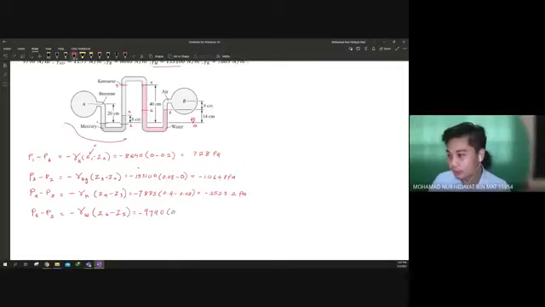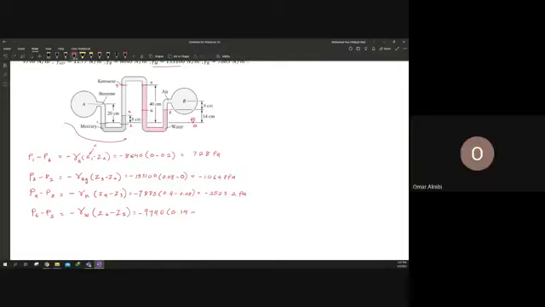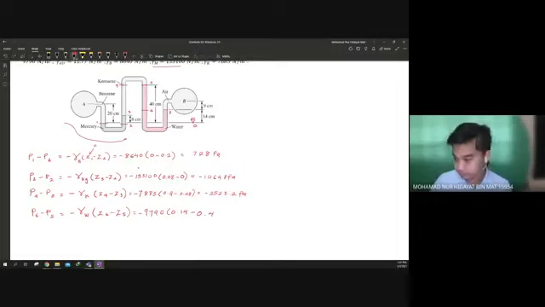So 0.14 minus Z5. What's the value of Z5? Which is 0.4. Don't worry, you will get a negative. You counteract negative, positive. So 2545.4 Pascal.